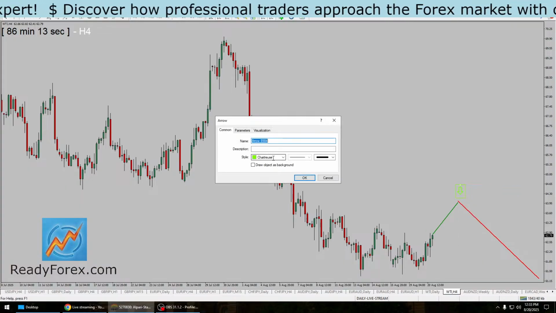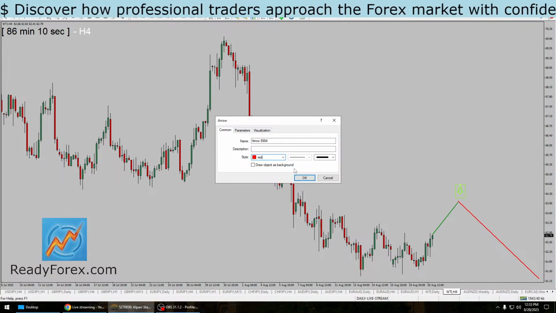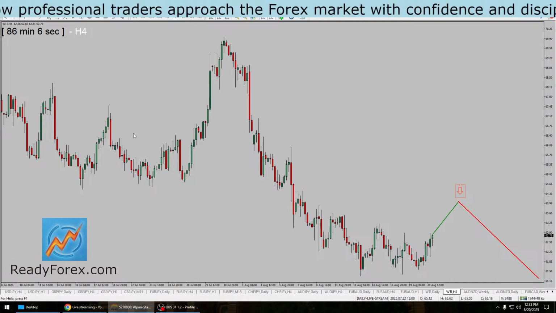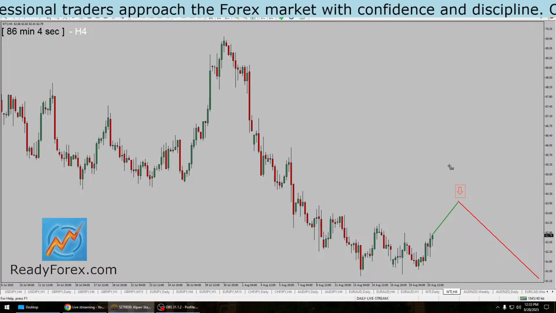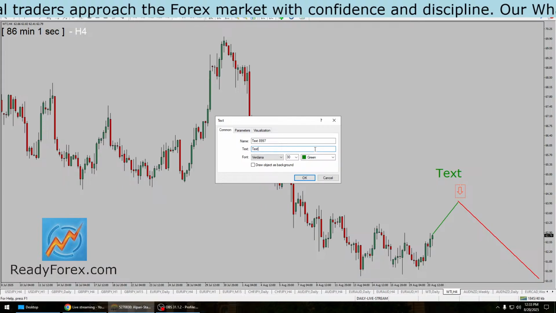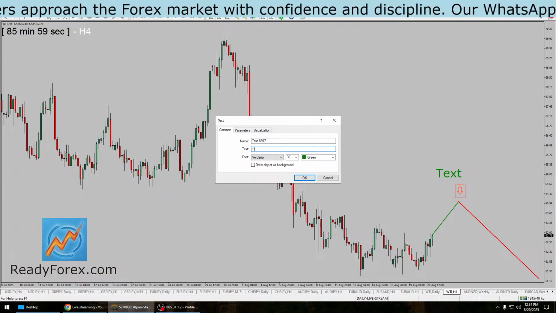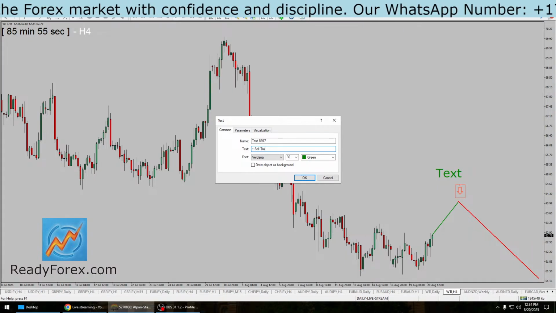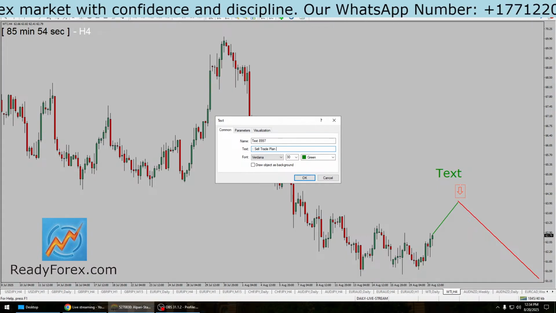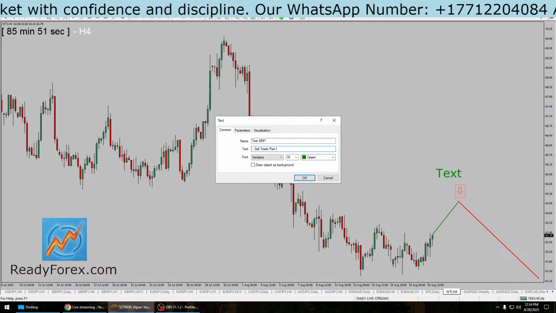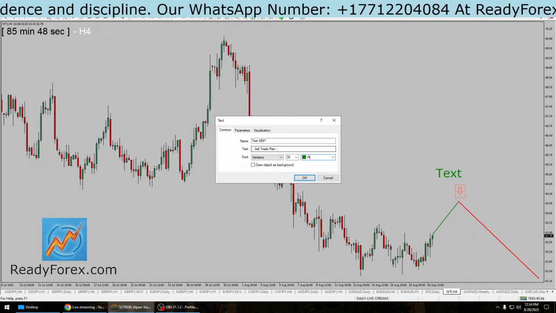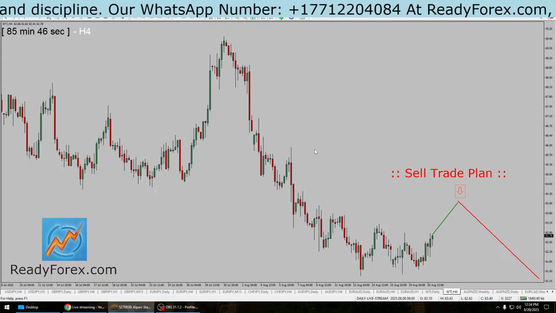Let me write it down. So this is the sell trade plan in crude oil.